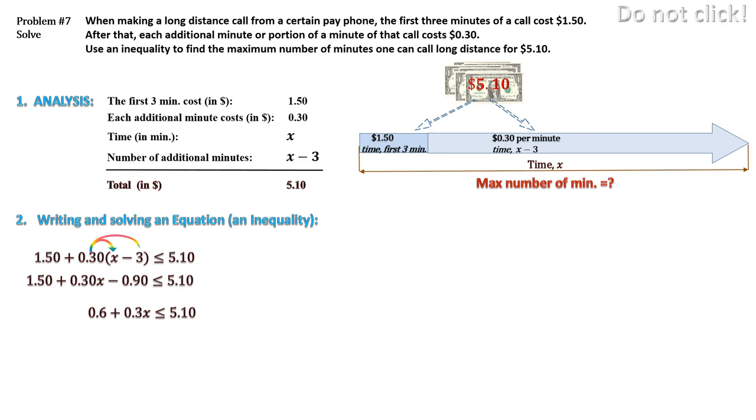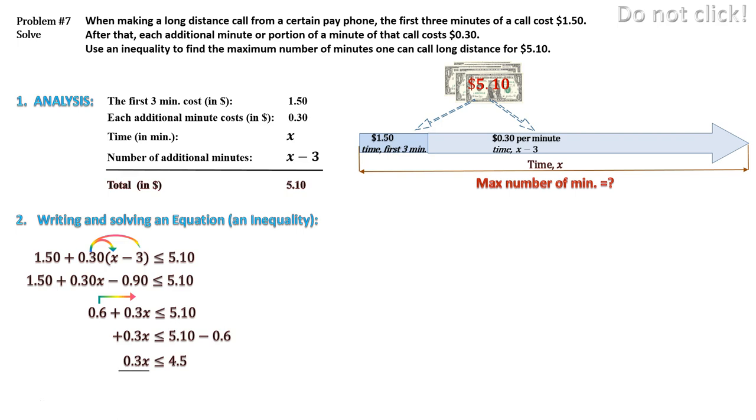Next step would be we have to separate terms with variable and constant terms, so we are moving 0.6 from the left to the right, and it's becoming negative 0.6 on the right. Next step, we have to combine like terms, so 5.10 and negative 0.6 would be 4.5.